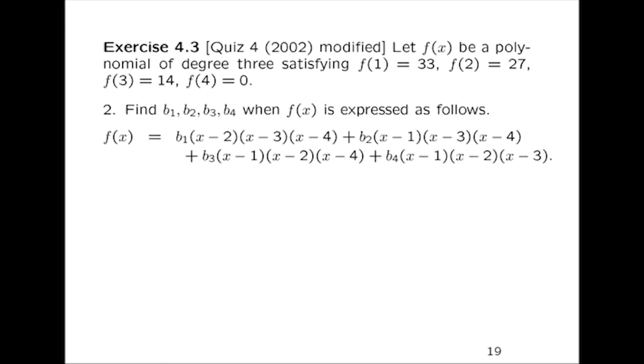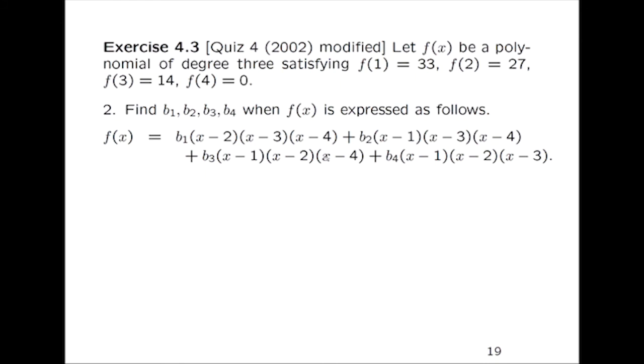Okay, the next one, I'm afraid I don't have enough time, but for this problem, since you know the value f of 1 is equal to 33, and this is a continuation of the previous problem, if you plug 1 in, you get 1 minus 2, 1 minus 3, 1 minus 4. But the rest you get 0, because every term has x minus 1 as a factor.